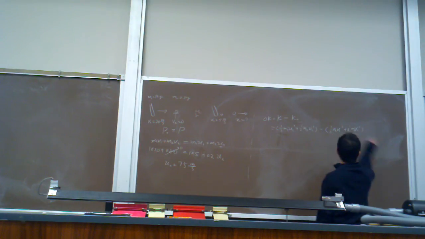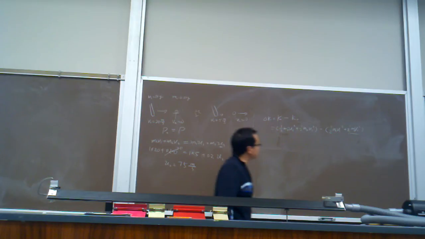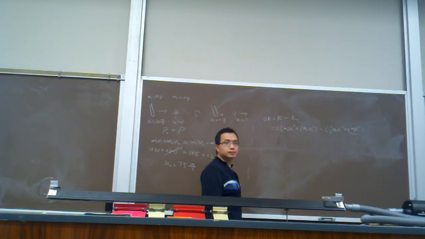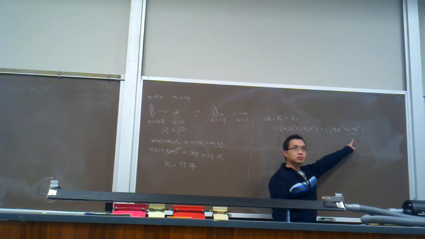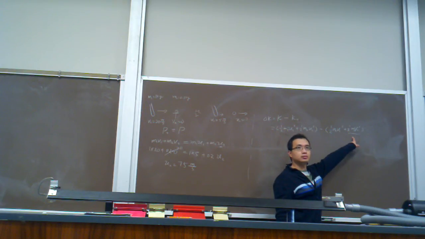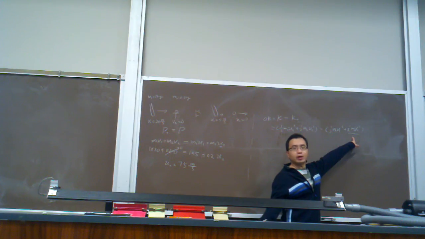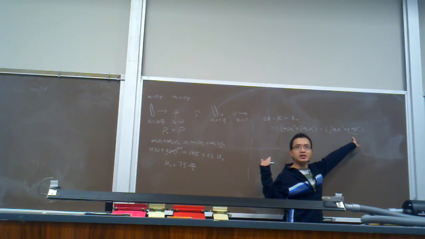Similarly, what is this term? The final kinetic energy of the ball. And this one? Don't tell me the number, tell me in words what it is. Kinetic energy of the ball, initial. So the initial kinetic energy for the ball.